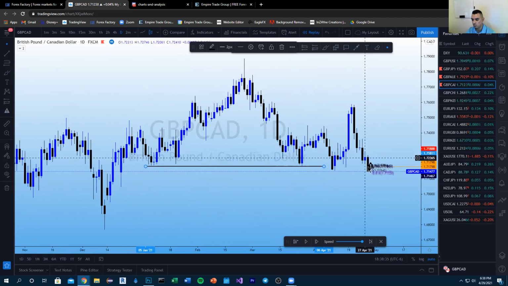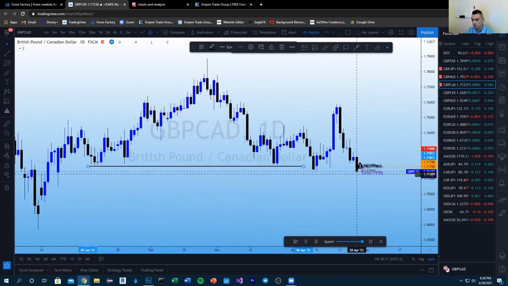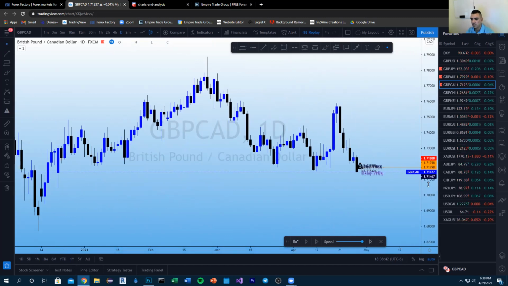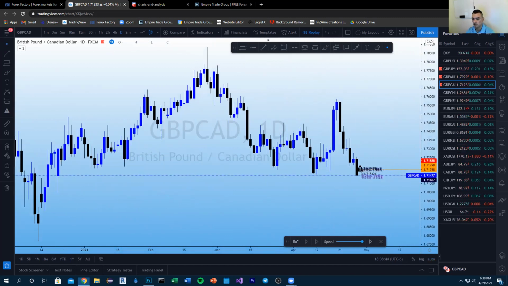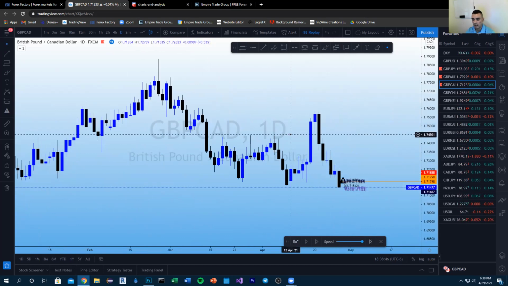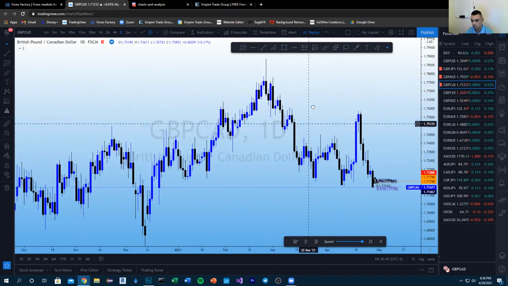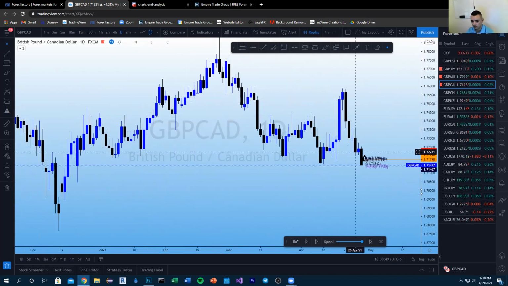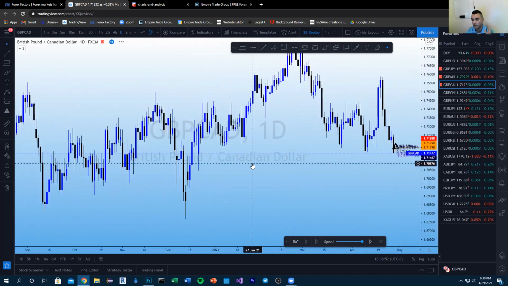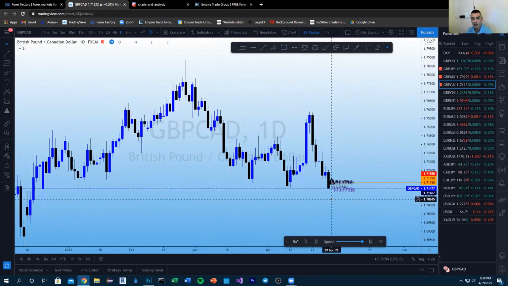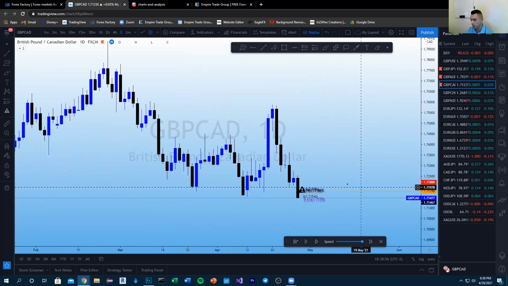Yes, it shot up, but then we see price is just pushing down here in this daily candle, right? It's pretty much at this low. At this point, there's no point for me to say that, hey, it's going to reverse, right? It's going to go to the upside. So I see that we're downtrending. This one just looks completely downtrending based off the intraday perspective. Now, we could possibly buy later on, but again, I'm not worried about that. I'm worried about what's going to happen during this London session.